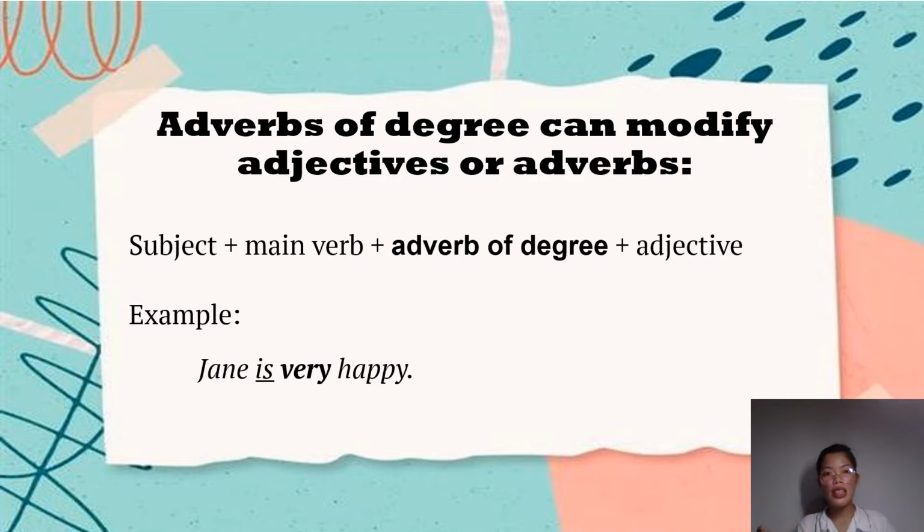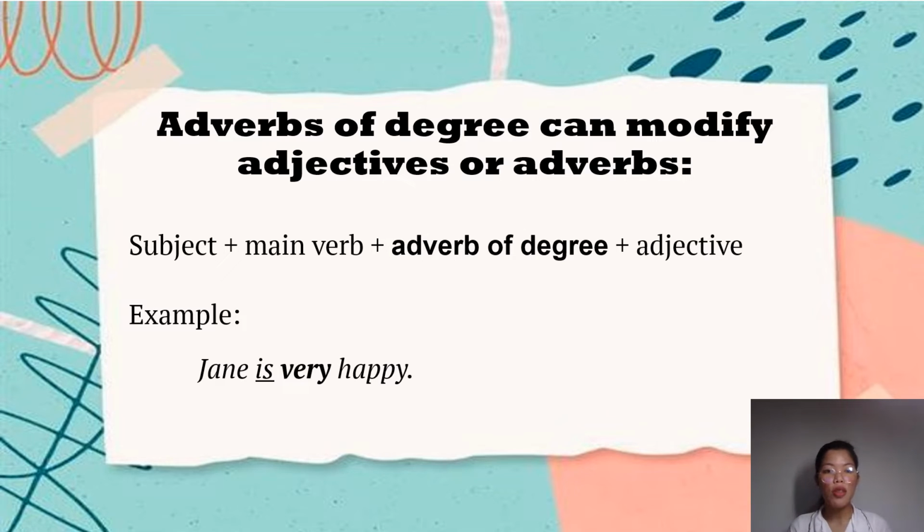Adverbs of degree can modify adjectives, adverbs, or verbs, as in the definition from our previous slide. Let us have the structure of the adverbs of degree in modifying adjectives. First, the subject plus main verb plus adverb of degree plus adjective.